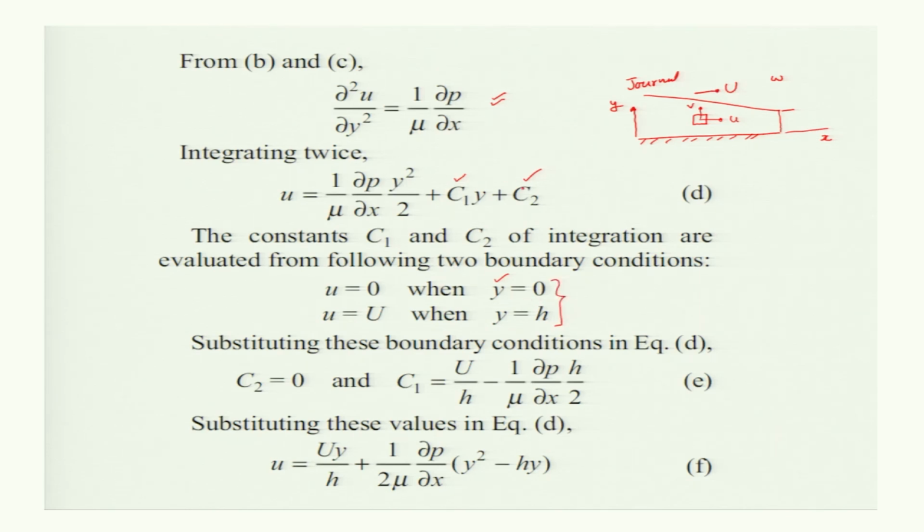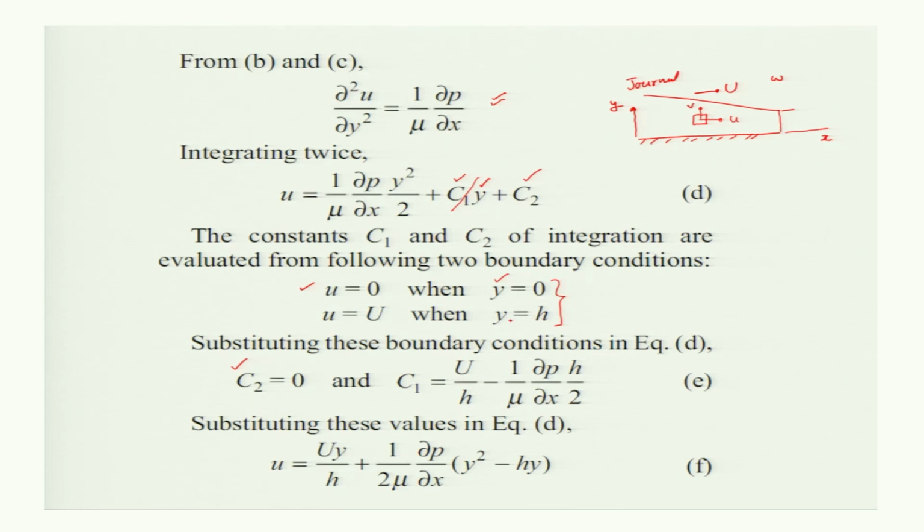Applying these two boundary conditions in this equation, we get the two constants of integration. Substituting u equal to 0 at y equal to 0, this term will become 0 and that term will become 0, and u is 0, so C2 will be 0. And C1 is equal to U divided by h minus this one, substituting the second boundary condition.